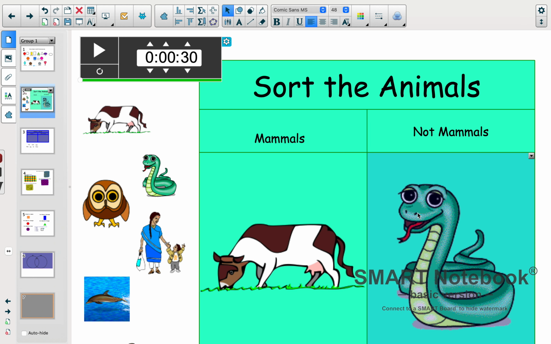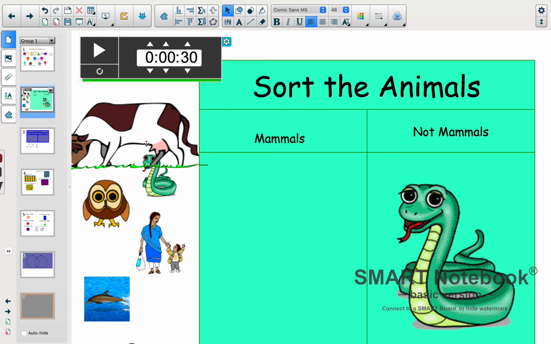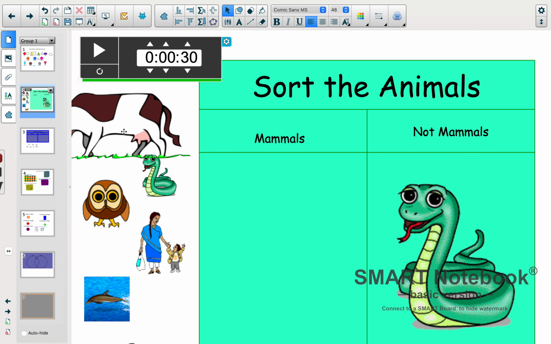They would be able to arrange them into mammals and not mammals, and they could also use the timer to time themselves to see how fast they could do it, to try to get better each time, to learn their mammals and animals that are not mammals.